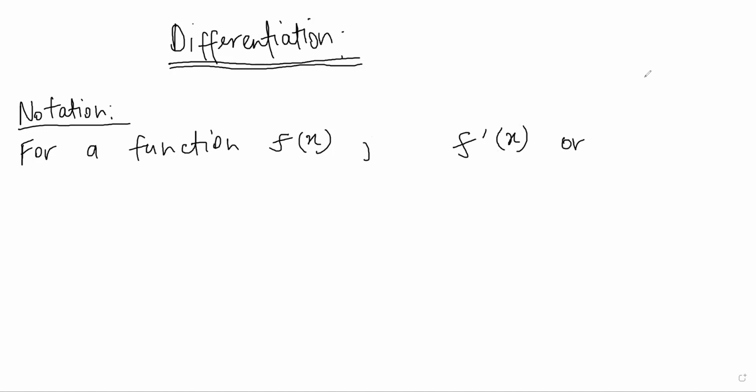Or you can denote it with d f of x with respect to x. So we can say that for a function f of x, we have this notation. We've got f prime x or df(x)/dx.